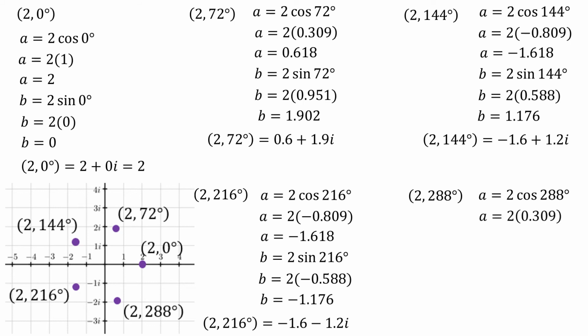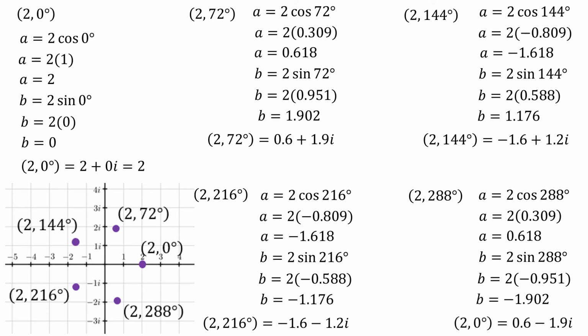So let's see what happens here. Let's multiply this out. Oh my goodness, it's the same horizontal distance. And it's the same vertical distance, but instead of going up, we went down. And so those are our 5 solutions.